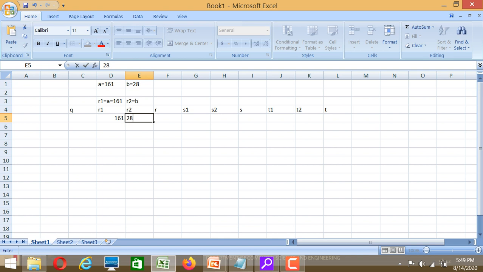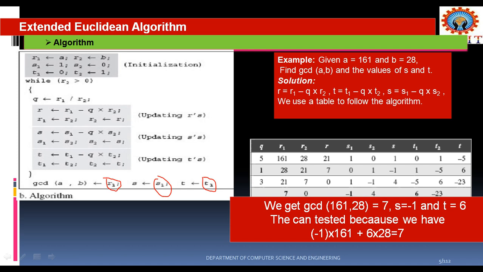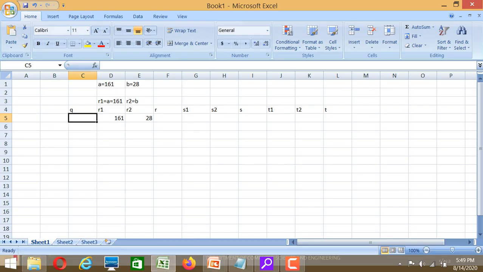Now the quotient value: how many times does 28 divide 161? Here 28 divides 161 five times.